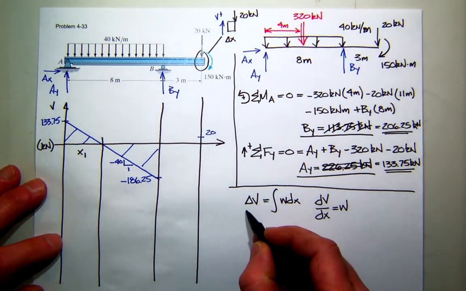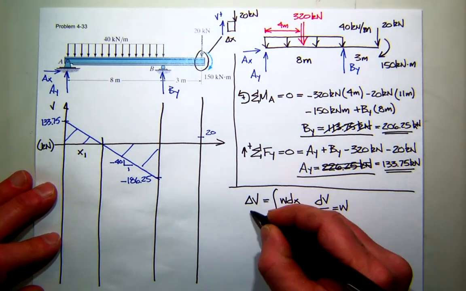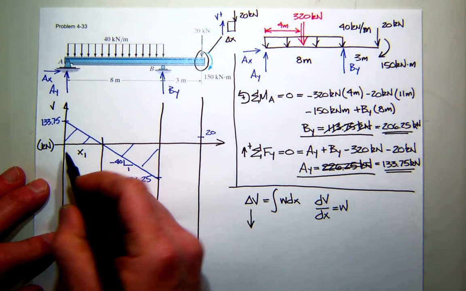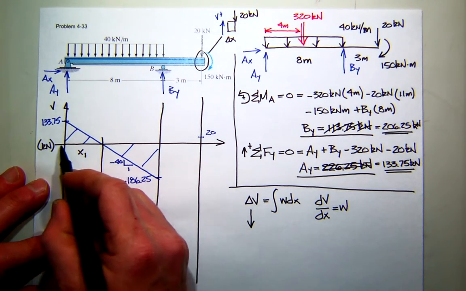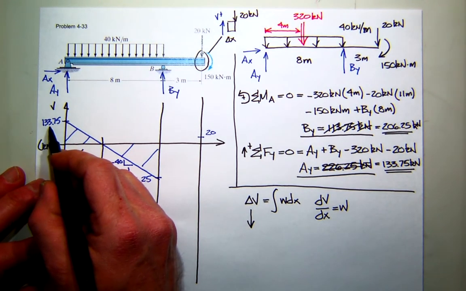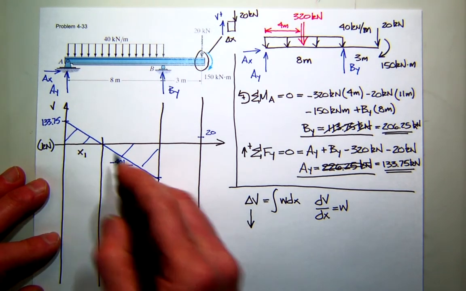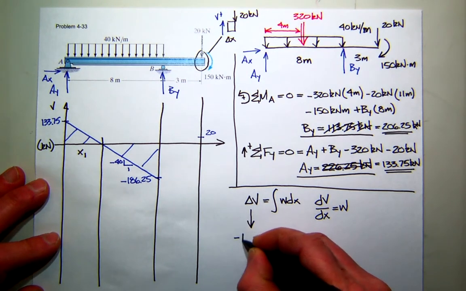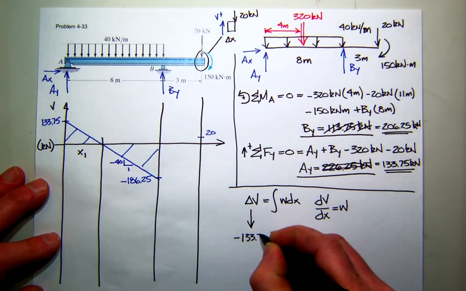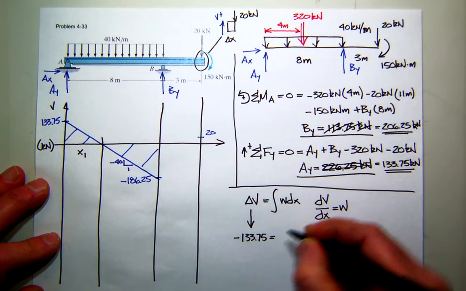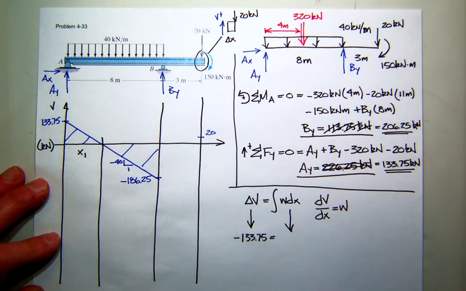133.75 divided by 40. We're going to start with what? Change in shear. What is the change in shear over this distance? You start at 133.75 and you go to 0, so the change in shear is negative 133.75. What is the area under the diagram?